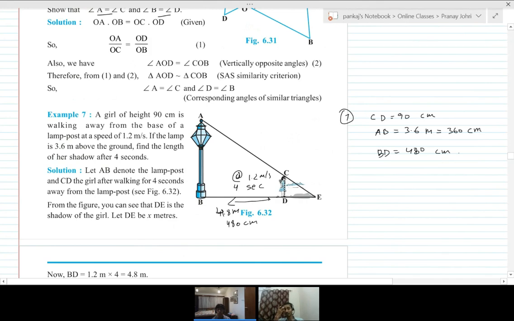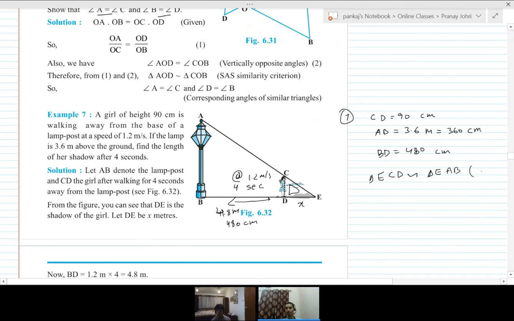So AB, BD, CD. Okay, so this is suppose X. Now, can we prove these two triangles, ECD similar to triangle EAB?